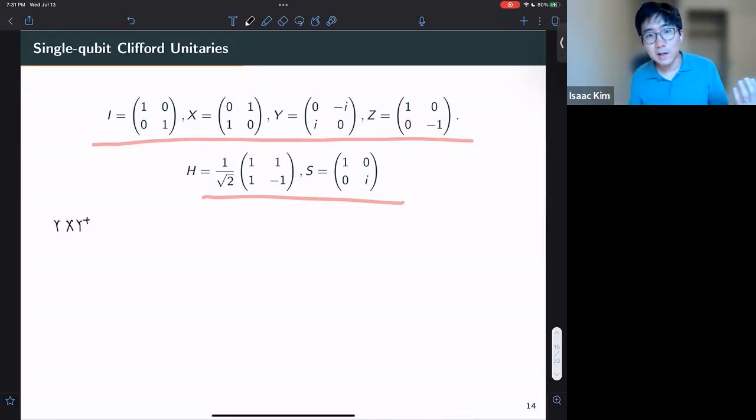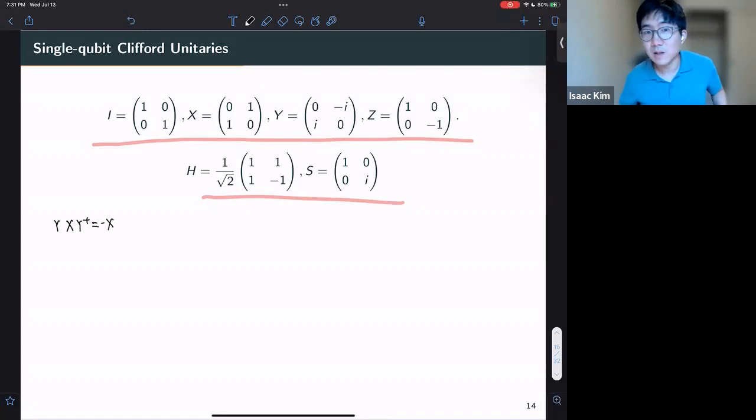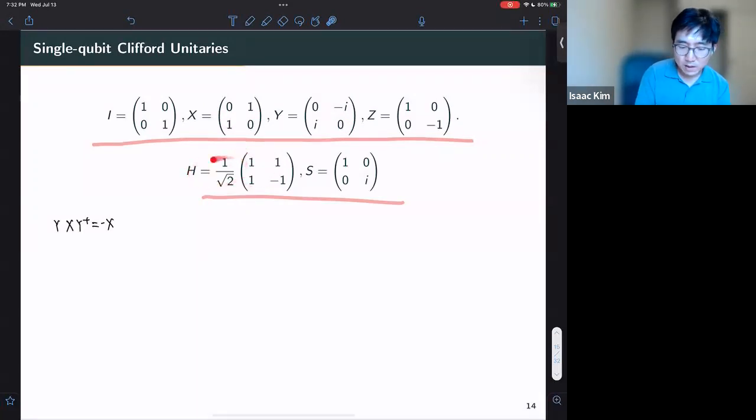Well, Y and X anti-commute with each other, so this is simply minus X. So you again get a Pauli with a minus sign, and also the same with Z. So the fact that these X, Y, and Z are in the Clifford is very obvious. What's less obvious is why these matrices H and S are in the Clifford unitary.